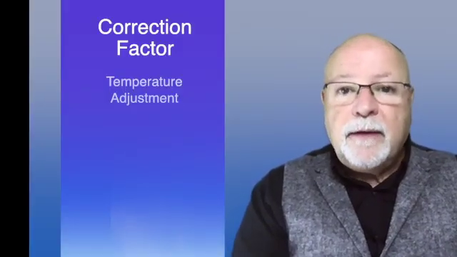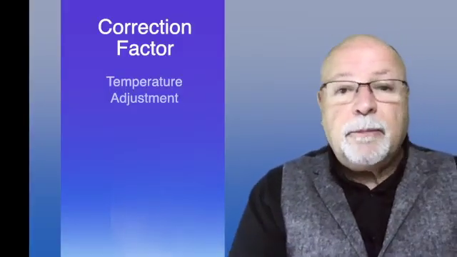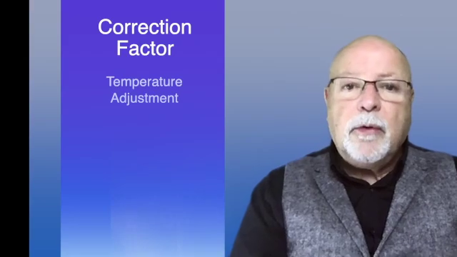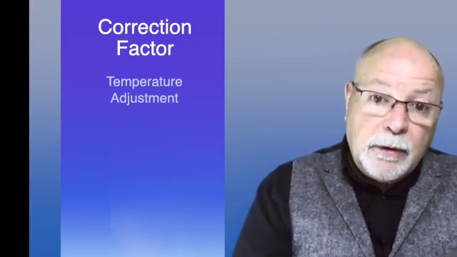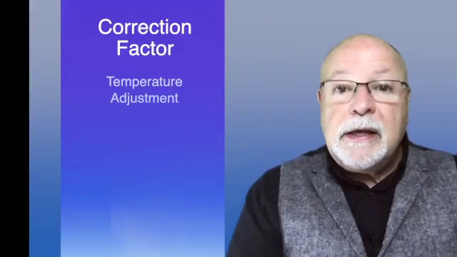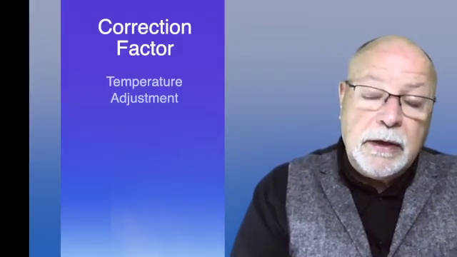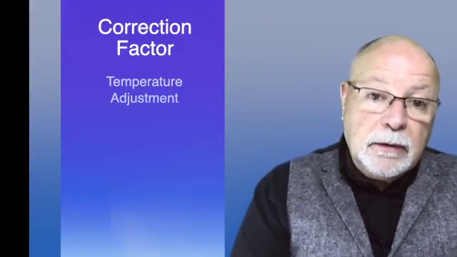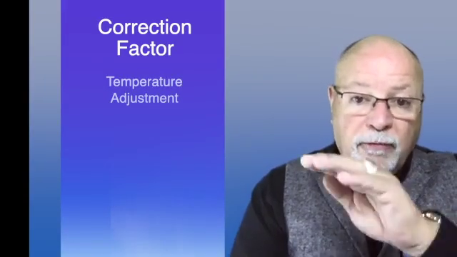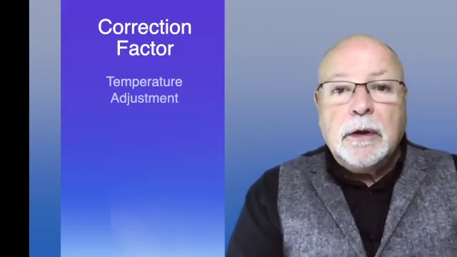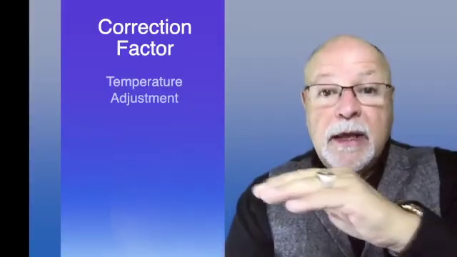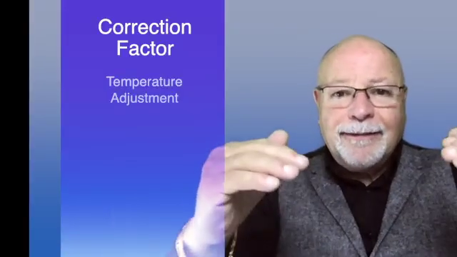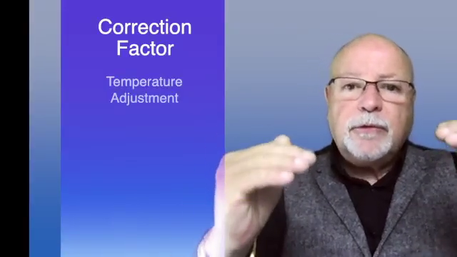And so what we have to do is say, perfect example, we have a piece of equipment we want to install in a room, and that room happens to be 125 degrees. It is going to reduce the ability of our already built-in factors or performance features in our system to provide for that normal amount of heat. So we've got to correct for that. That's why we have to adjust for temperature.